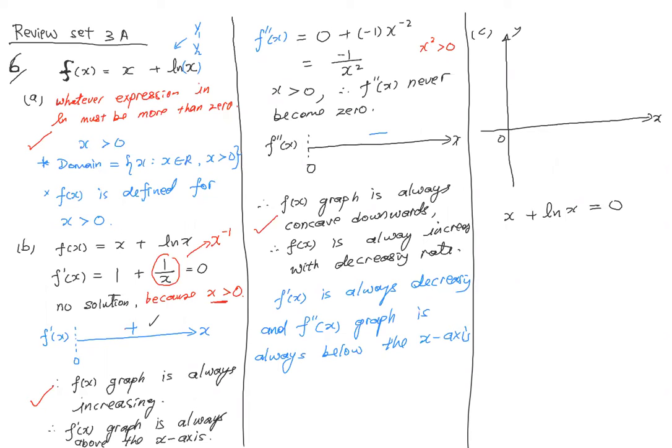0.567. What do you get? 0.567. Is that correct? Yes. Anyone in the class don't know what to do? Anything you cannot solve manually, use the solver.